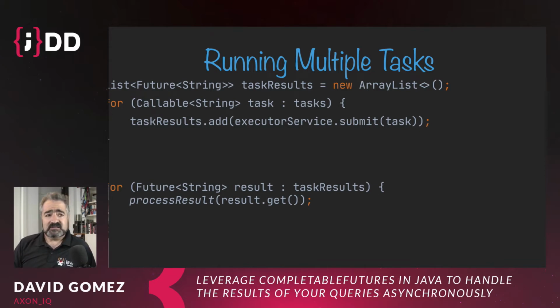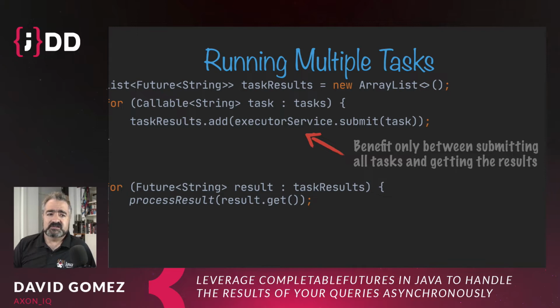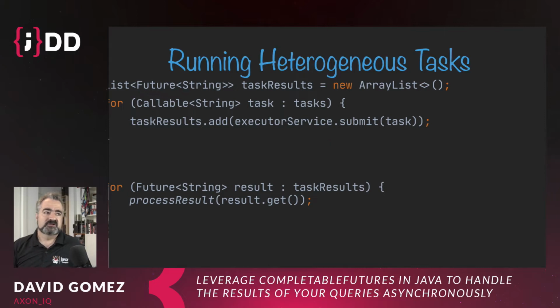So this is a little bit better, but the problem here is that we only are benefiting from the time that we take for submitting the task. And this is usually very quick. So we are going to submit all our tasks to the executor service, and then we will start waiting for the task to be returned.